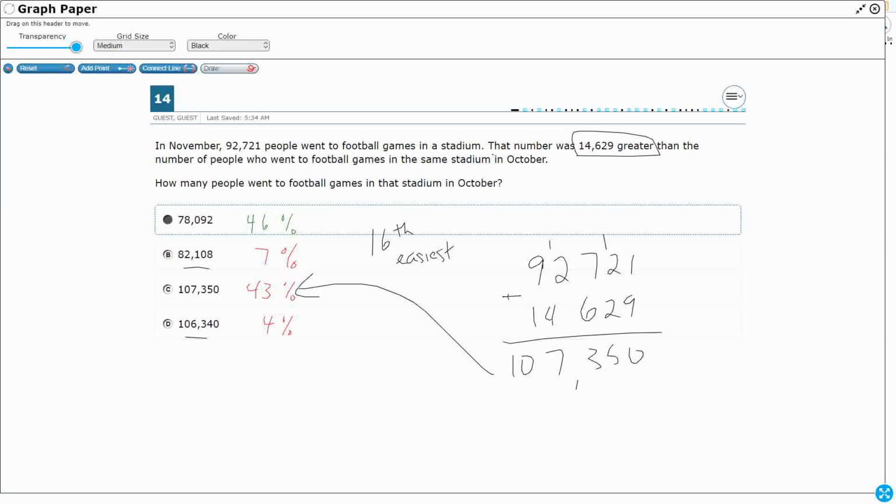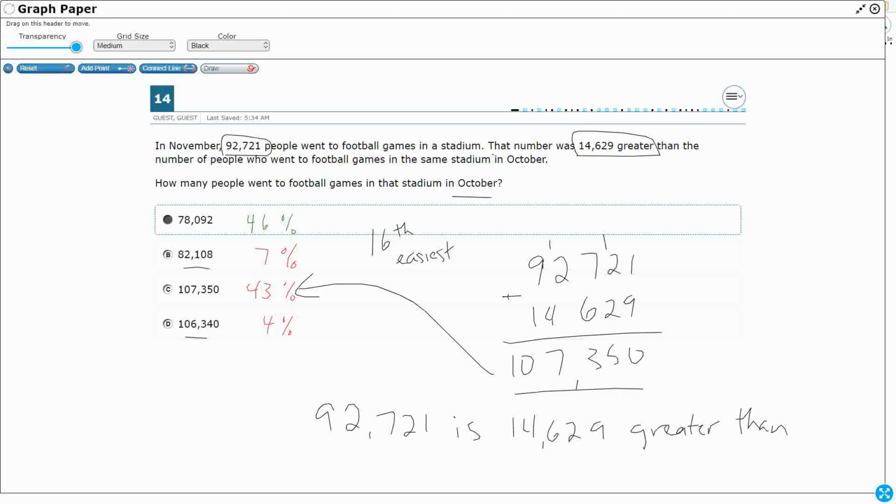I mean, let's plug this back in. Could we say here that if we wanted to say, okay, October here, so this 92,721 is 14,629 greater than, right?